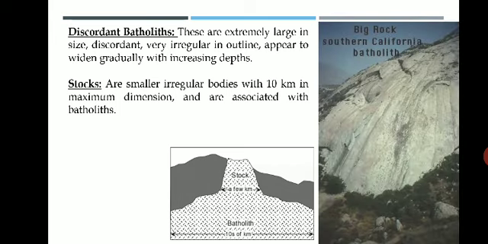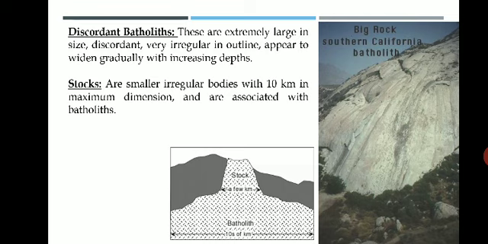You have to climb many steps to see the statue, and it is at a very high elevation. You can see these rocks, very huge structures, extremely large in size, and they are discordant. They are very irregular in outline, and they appear to widen gradually with increasing depth.